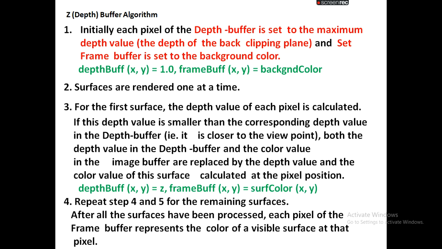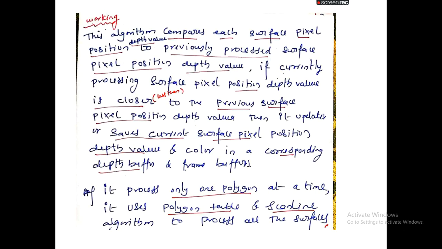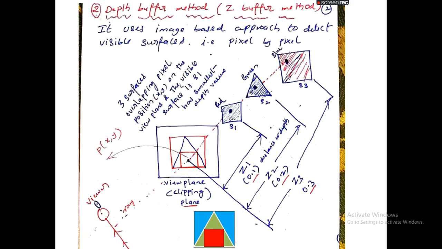Finally, the processor will read the depth value from the depth buffer and the color information from the frame buffer, and finally it will project the image like this.